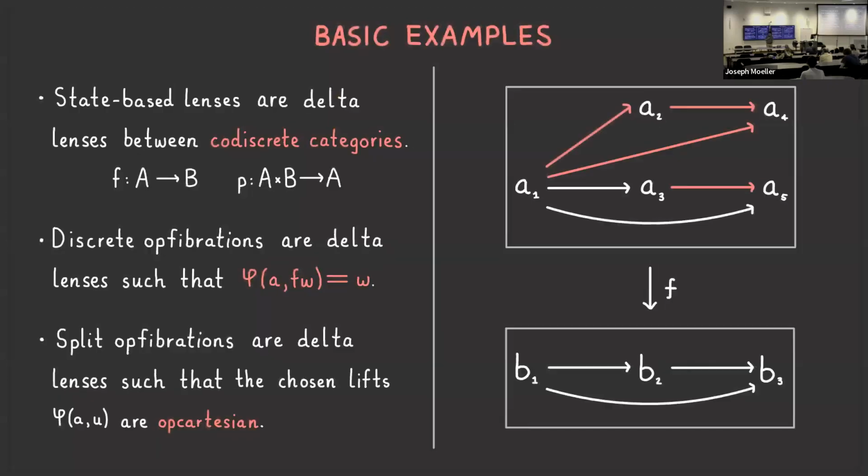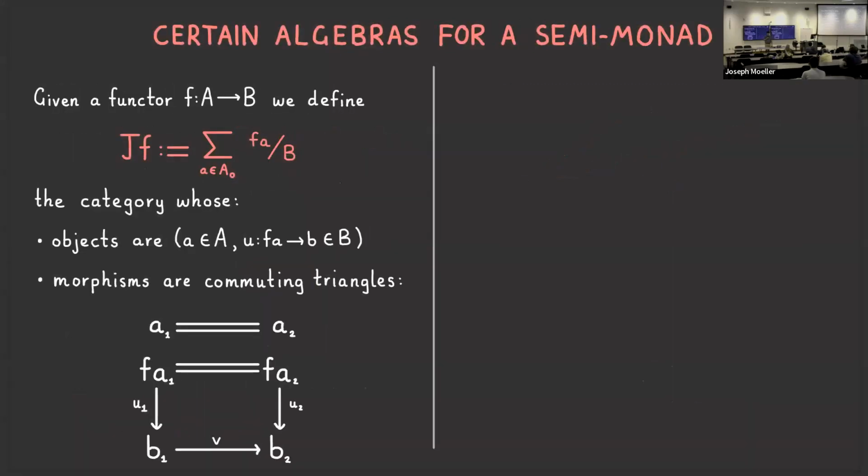And we can give a lifting operation where we specify which morphisms are the chosen lifts using our lifting operation. Okay, so here, for example, if we start with the object A2, we push that down by F to B2, and we take a morphism out of that, then that's going to lift to the morphism between A2 and A4. Okay, so there's some examples.